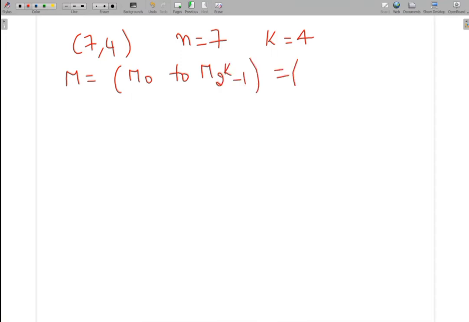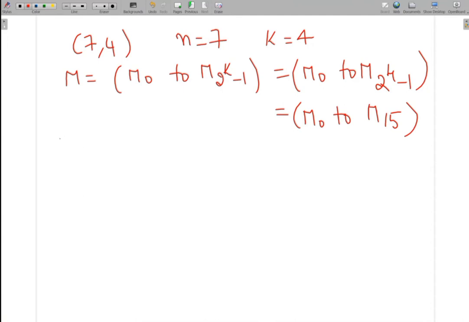For the (7,4) cyclic code, that means n is equal to 7 and k is equal to 4. The message vector ranges from m0 to m(2^k minus 1), that means m0 to m(2^4 minus 1), that is m0 to m(16 minus 1), that means 15.